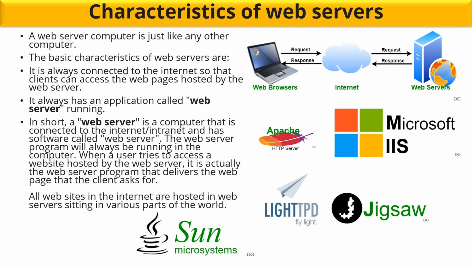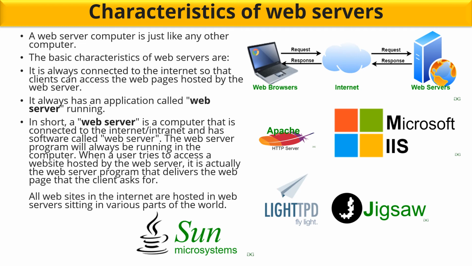What are the examples of web servers? Here are some web servers shown on the right-hand side. The first, very important, is Microsoft IIS, Internet Information Services, which is Microsoft's popular web server. The second is the Apache HTTP server, which is mostly used for PHP programming.